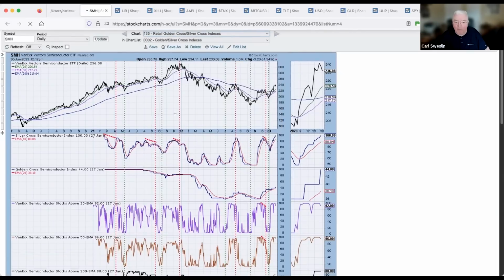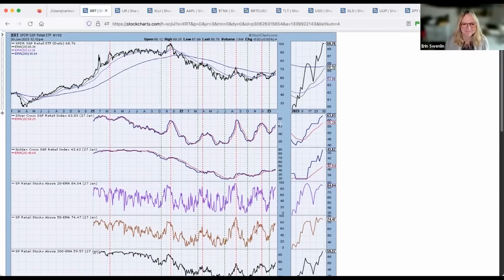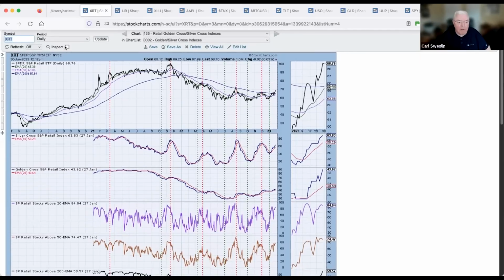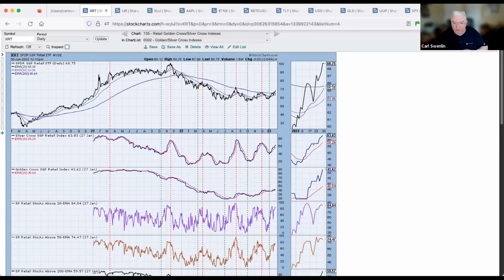I got that in the wrong order. I'll have to fix that. XRT, and that again is sort of matching the major indexes, and notice that it's not doing that well. It's up 25%, which ain't too shabby really, but it's not doing as well as the other ones are.